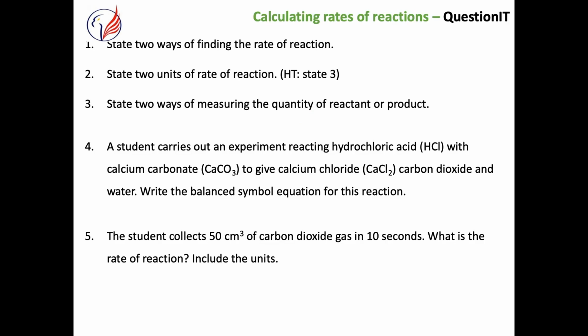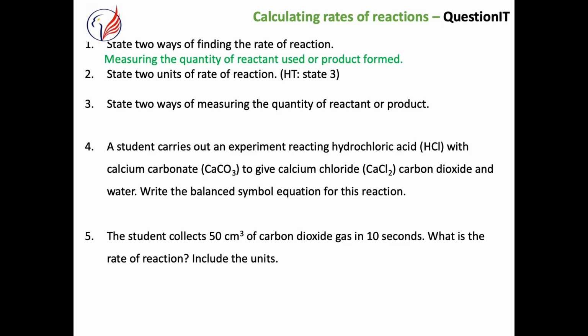Question number 1. State 2 ways of finding the rate of reaction. I'll give you 5 seconds. If you need more time, you can just pause the video. Okay, the answer is by measuring the quantity of reactant used or the product formed. Did you get it correct? Awesome! Let's go to number 2. State 2 units of rate of reaction. If you can, state 3.